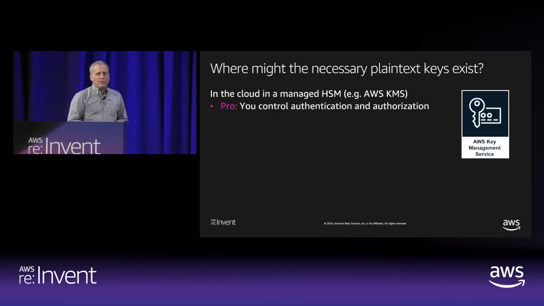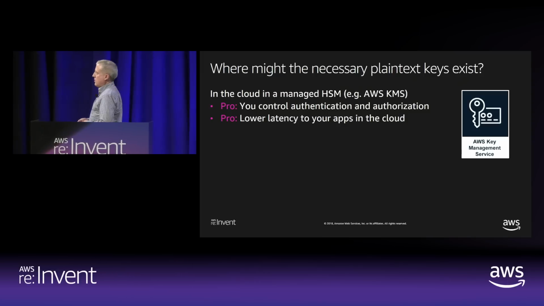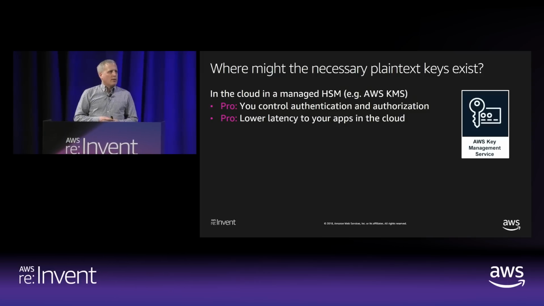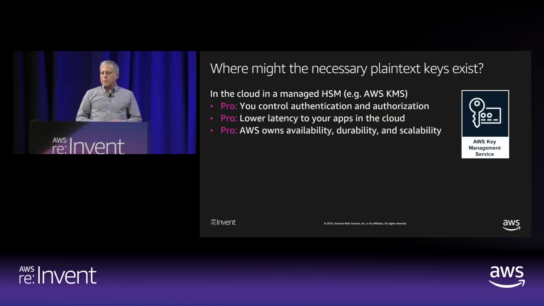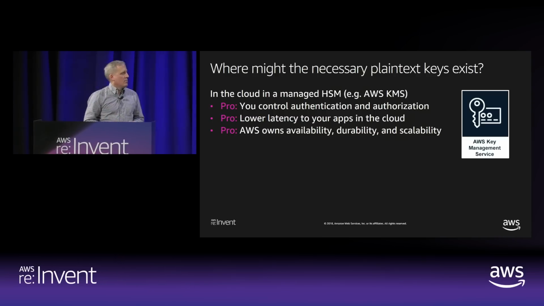You're going to treat keys inside this HSM, all the keys have an ARN. They're just yet another Amazon resource. You also get lower latency to your applications in the cloud, whether you're running them directly or they're running directly from an AWS service. And now you don't have to worry about scaling and making these keys highly available.